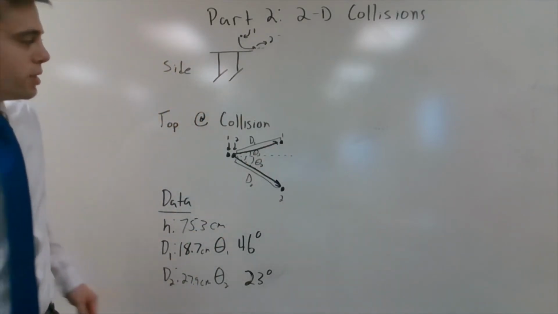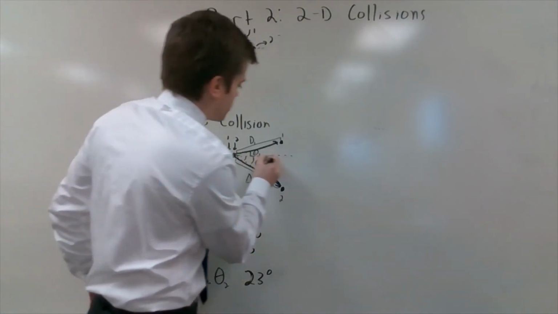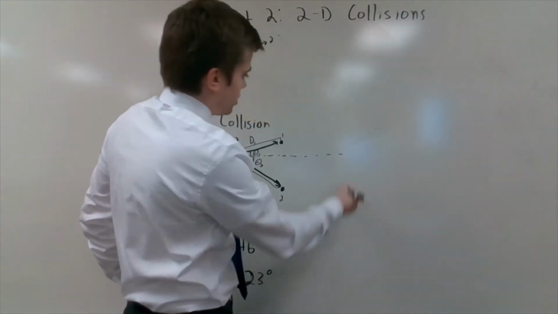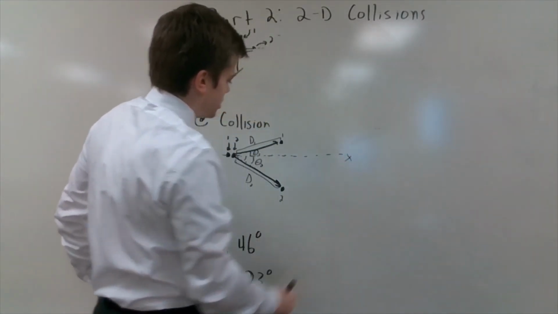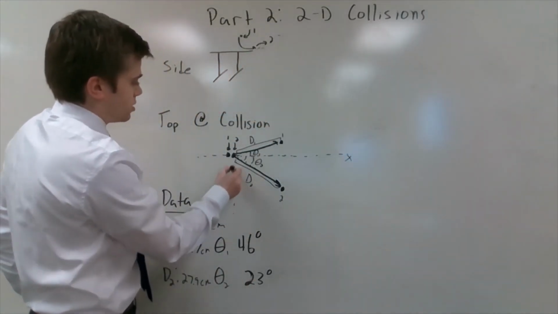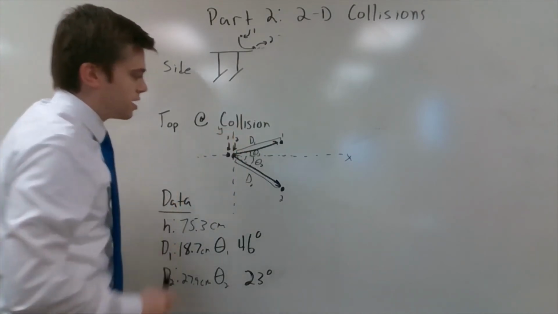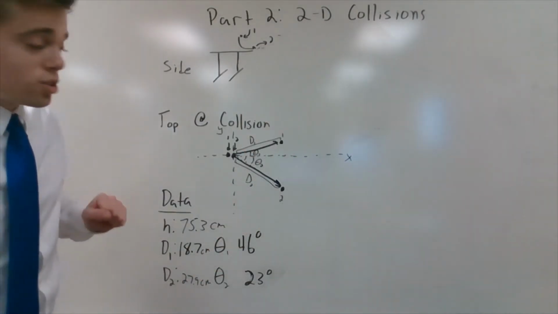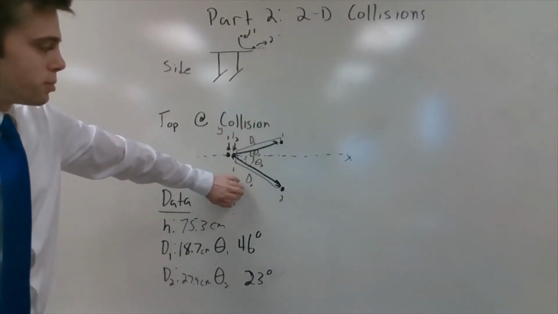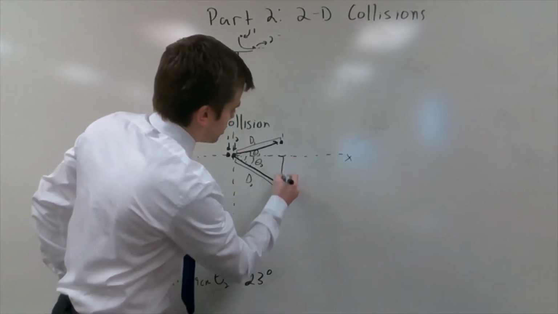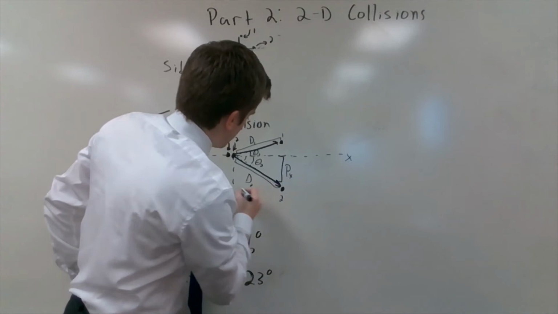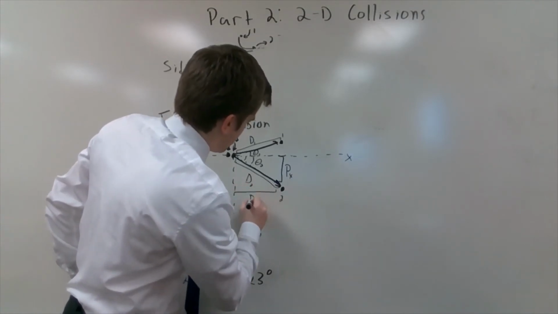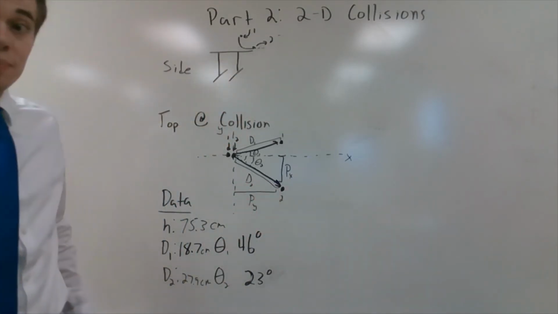And we can see that if we define our coordinate system, and we call this, say, the x-axis, and this here the y-axis, each of these momentum vectors, the momentum of ball 1 and the momentum of ball 2, has both an x component and a y component.